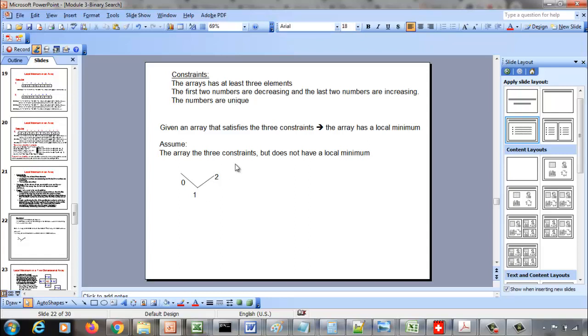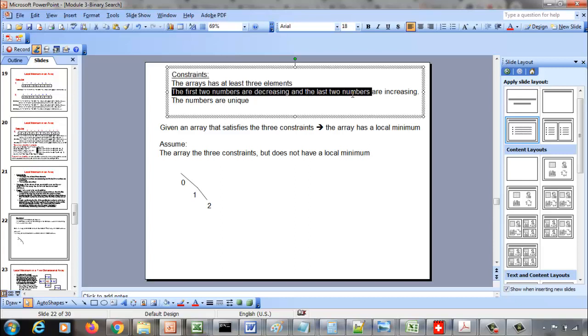So in order to maintain our assumption, the element at index 2 has to be less than the element at index 1. Let me repeat it. All the three conditions are satisfied. According to the second condition, the first two numbers are decreasing, so the element at index 0 is greater than the element at index 1.